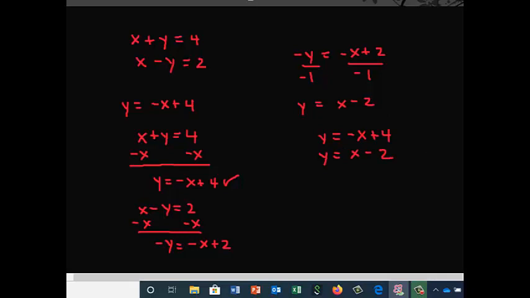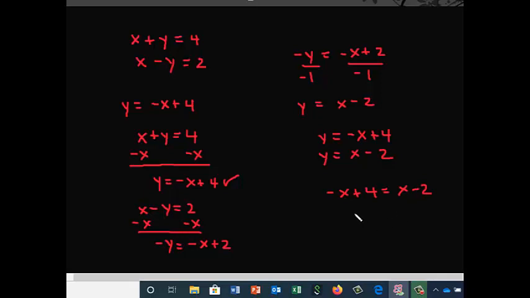And you have this thing called variables on both sides. So if we have negative x plus 4 is equal to x minus 2, we want to get all the variables to one side, right?